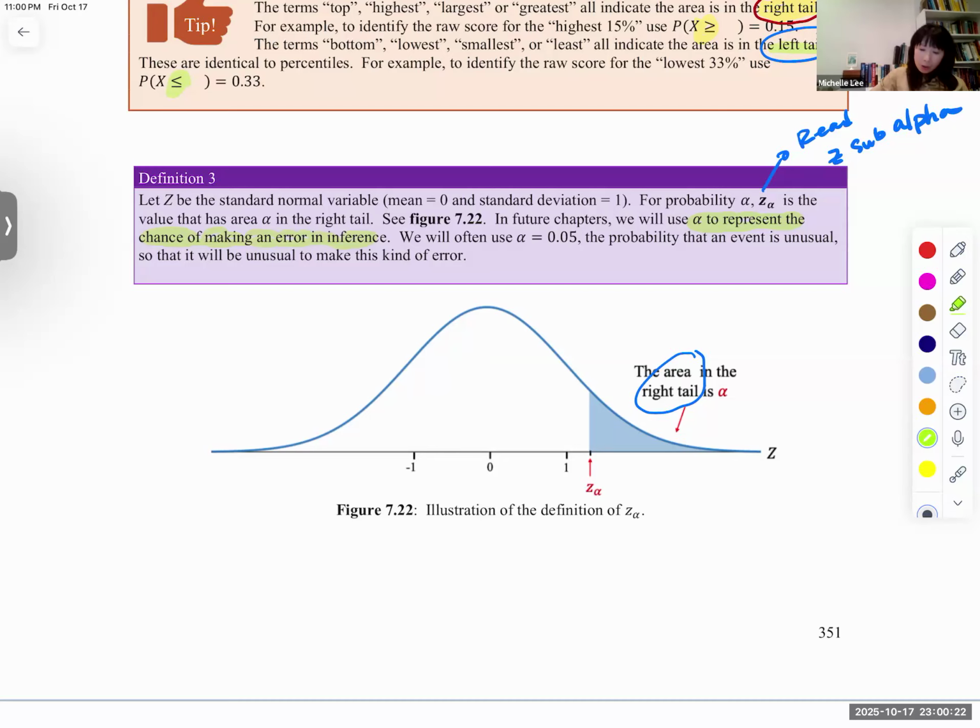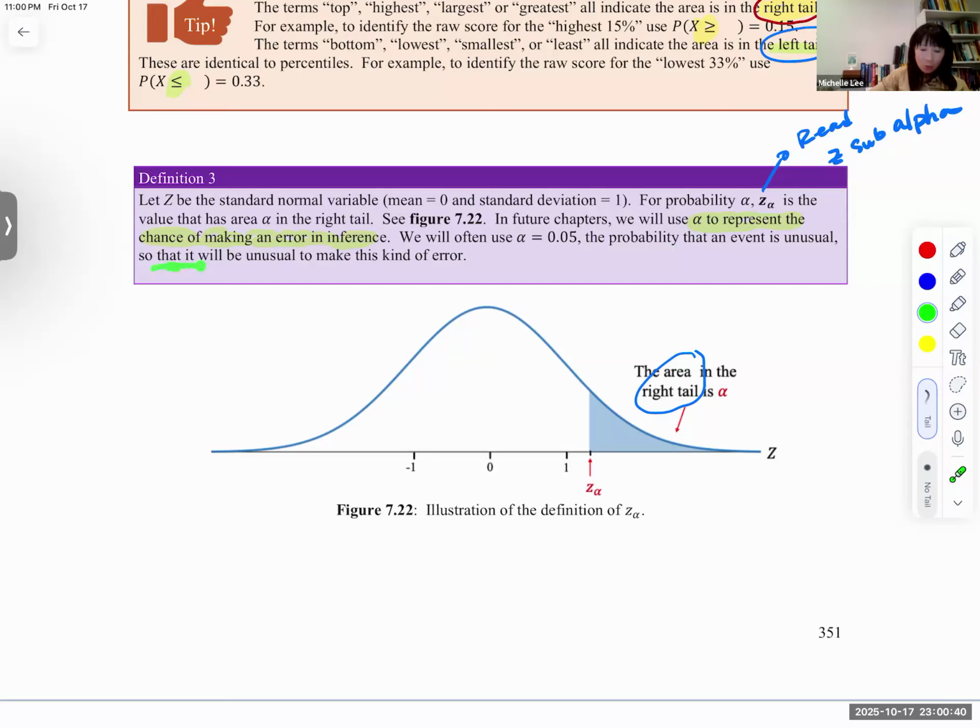So we will often use alpha equal to 0.05, because 0.05 in probability is unusual.